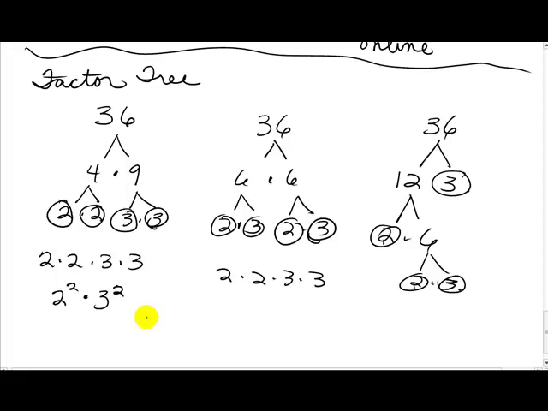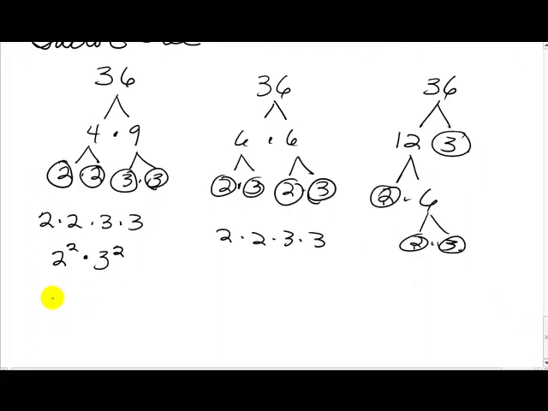All right, let's look at how to use this to reduce large fractions.